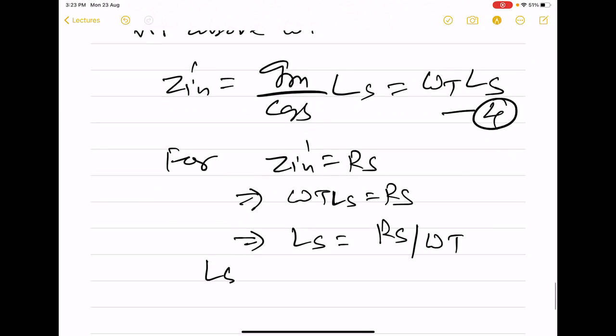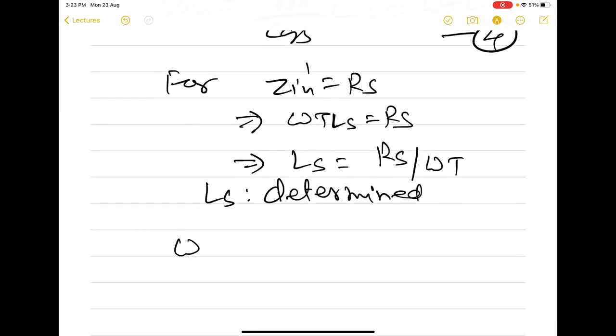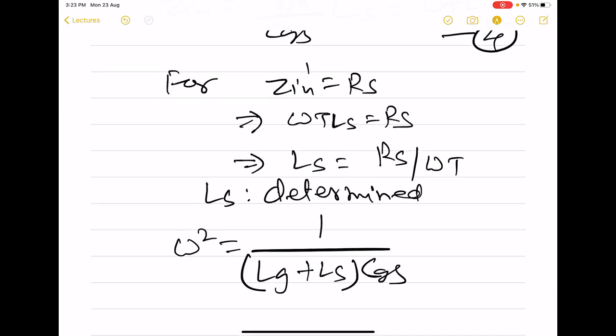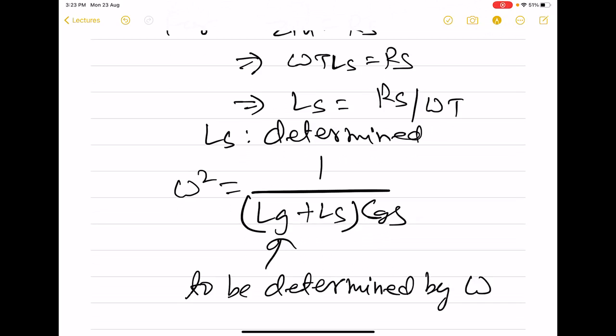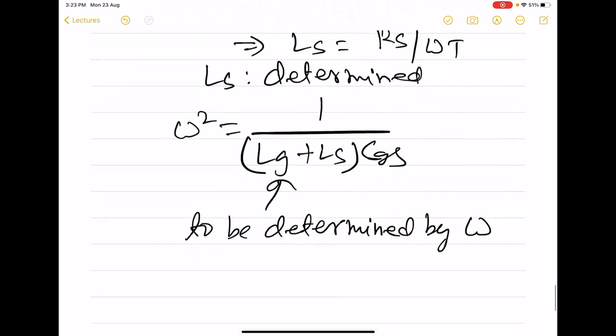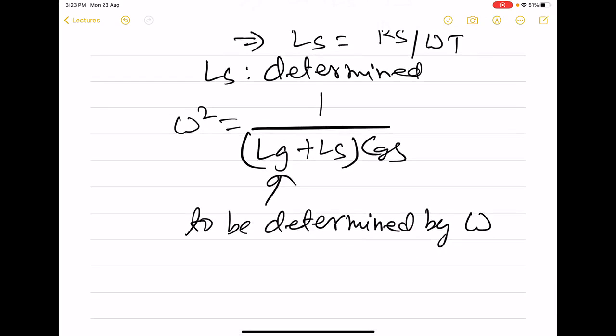So here L_S gets determined or fixed, but we see that the operating frequency still has one parameter, L_G, left, which can be used to satisfy the given operating frequency condition. Omega is the operating frequency that we want to use.